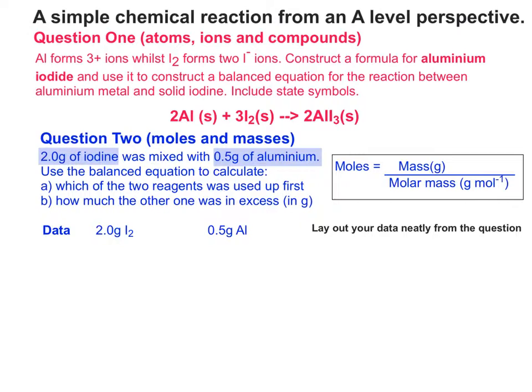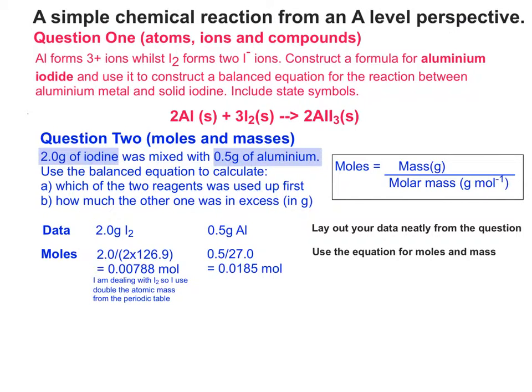Now you can try out the moles. So what we do here is we use the equation for moles and mass. So using the equation moles equals mass in grams over molar mass in grams per mole to the minus 1, for each of my reactants I've taken its mass and divided it by the appropriate molar mass. And I've taken the values exactly from the periodic table, except for one of them.